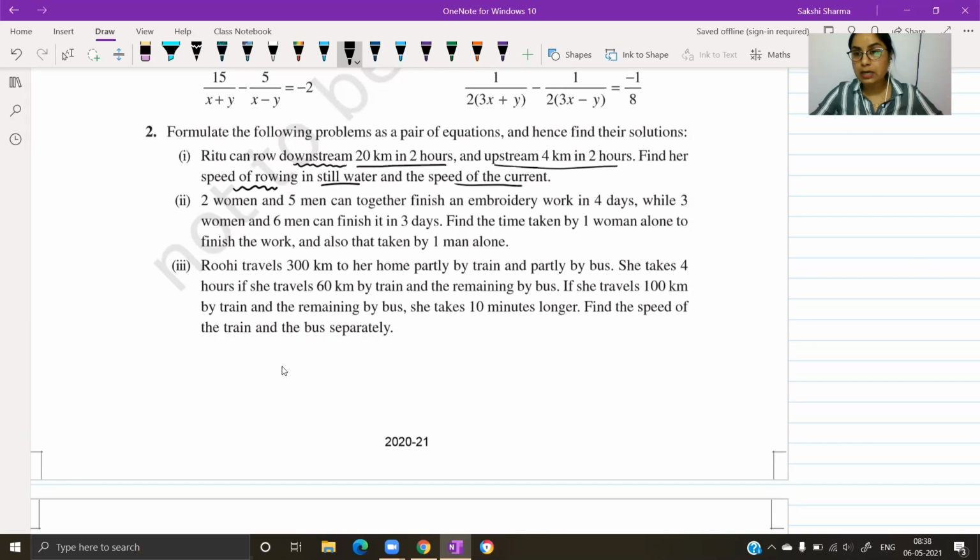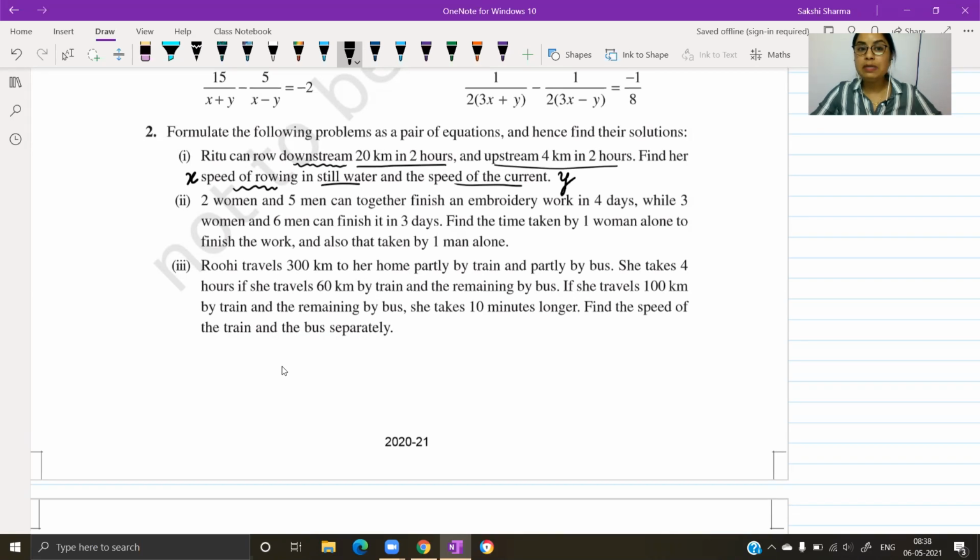So you have to find out two things here. Obviously, you have to represent one of them as x and the other one as y. Now, how do we form the equation? Using distance, time, and the speed you have assumed, you have to formulate equations.